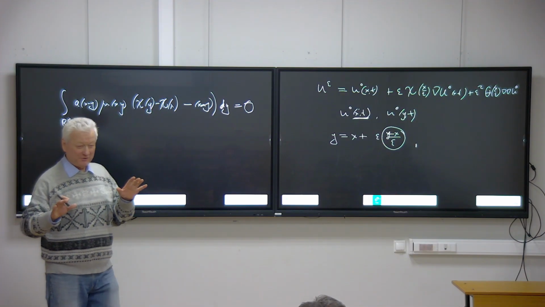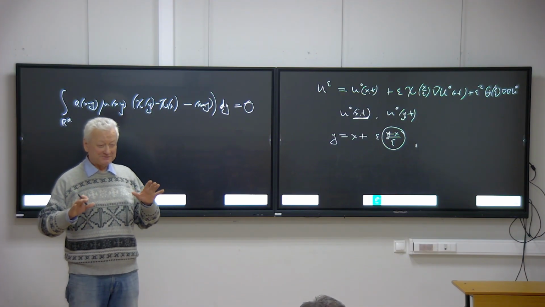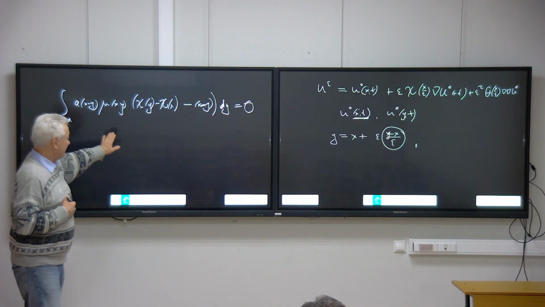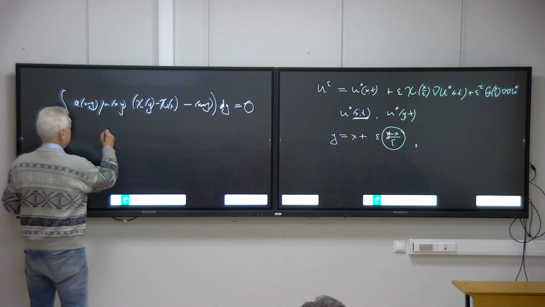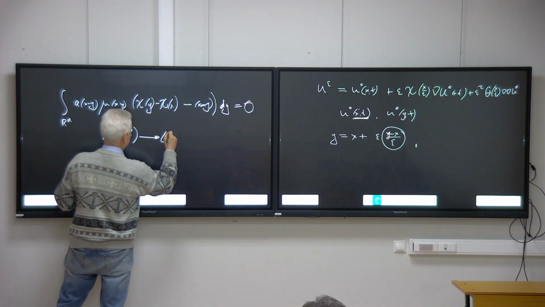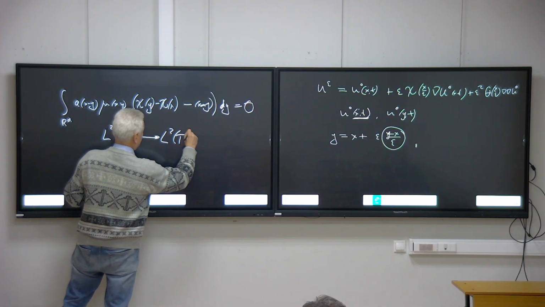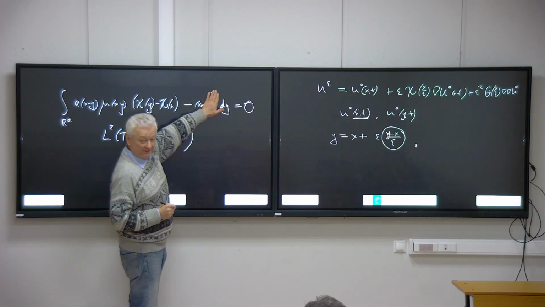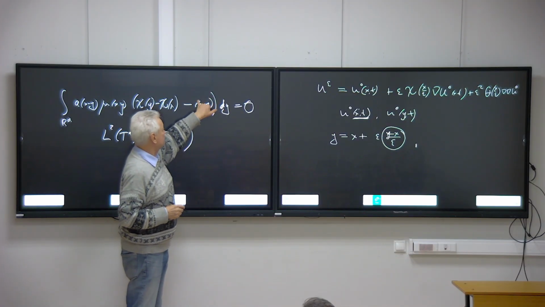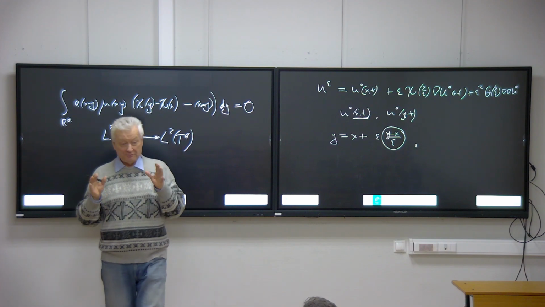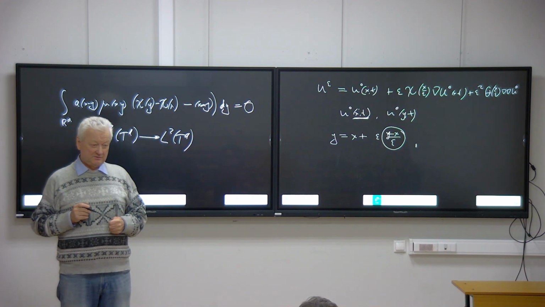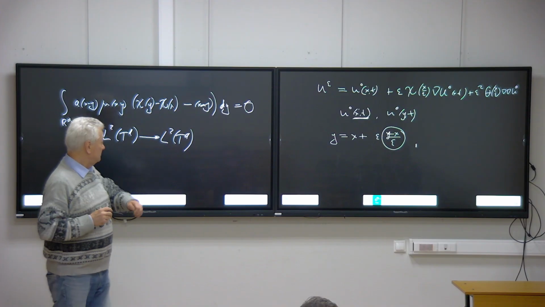For instance, for young people, it's a good exercise to check that indeed this operator maps L2 on the torus to L2 on the torus, I mean, without this additional term. And with this, if we integrate this difference, it's also a periodic function. But here it is just the symmetry of a, not x minus y.